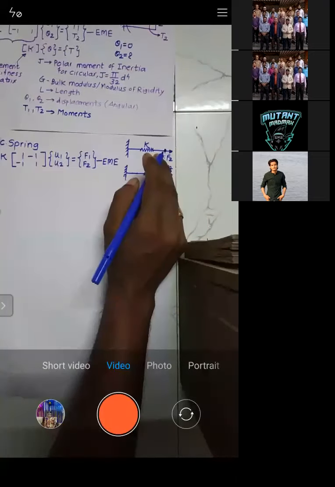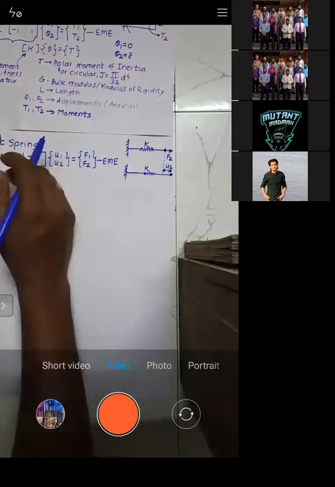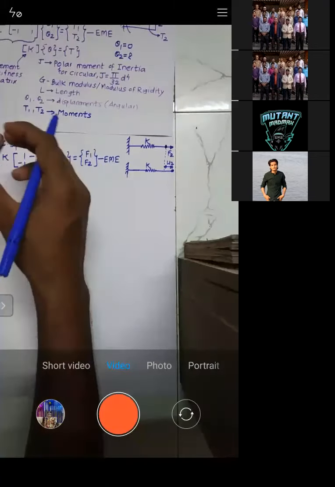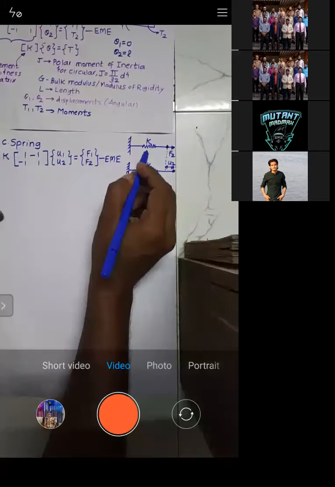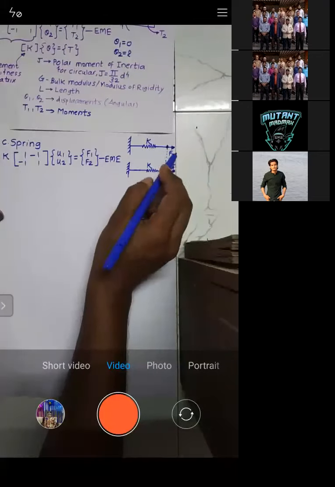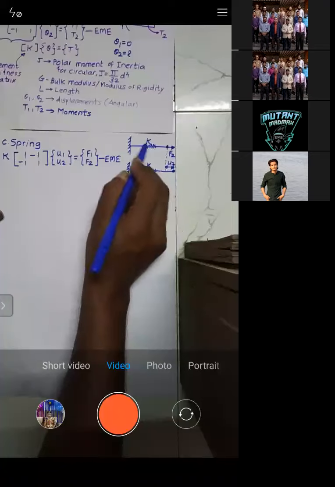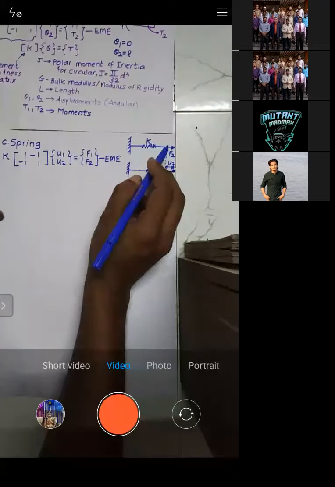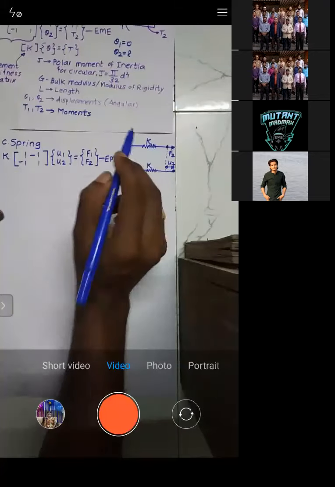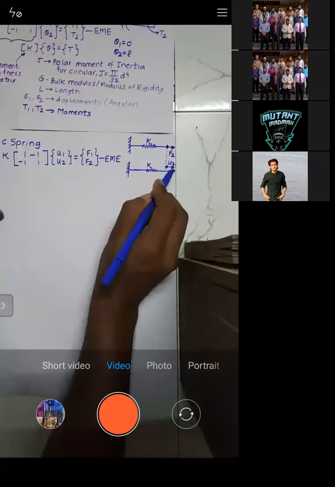When the spring force is compressive, obviously the spring will compress, right? So in that case, when I apply the force F2 to the spring which is fixed at one end and free at the other end, with stiffness K, I'm interested to calculate the deformation of the spring.